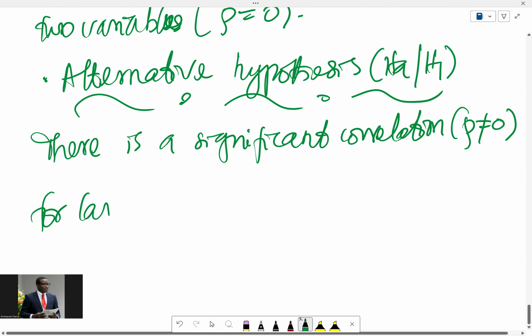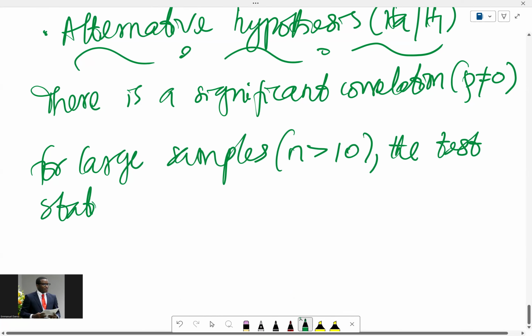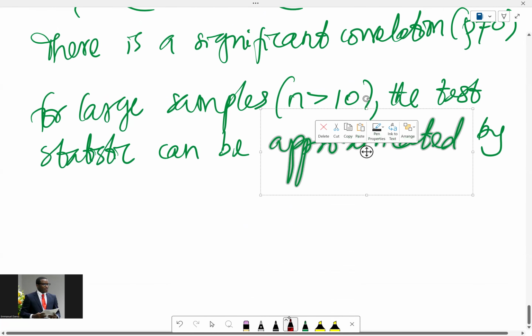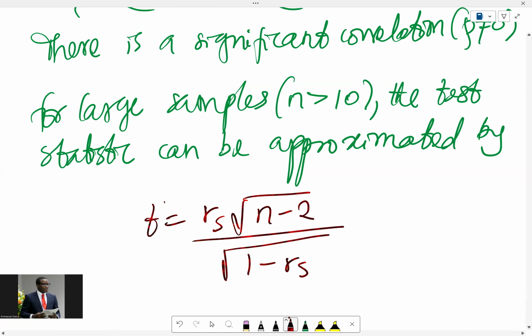For large samples, and here a large sample is like n greater than 10, the test statistic can be approximated by what we had before, that's t equals rs square root of n minus 2 over square root of 1 minus rs all squared.